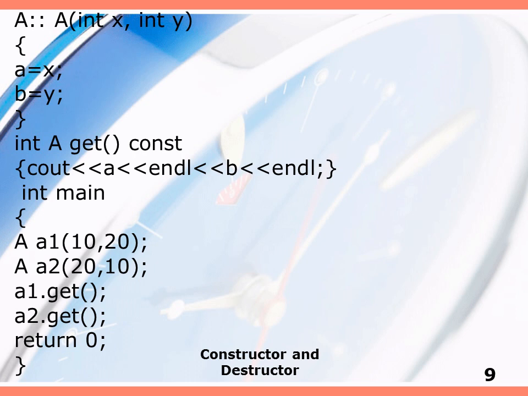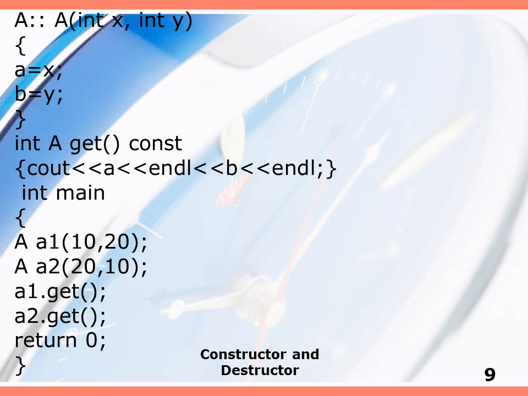In the second line of the main function, we are again creating another object A2 for the same class A. Here the arguments passed are 20 and 10, which means that for the object A2, when the constructor gets called at this stage, the data member a shall be initialized to value 20 and the data member b shall be initialized to 10.